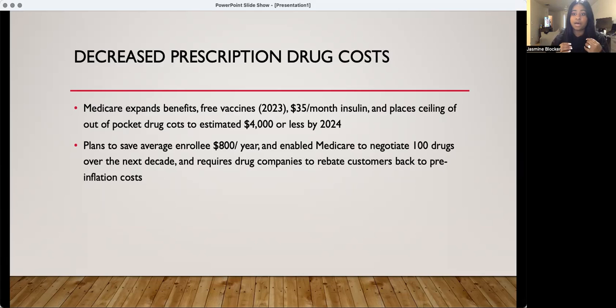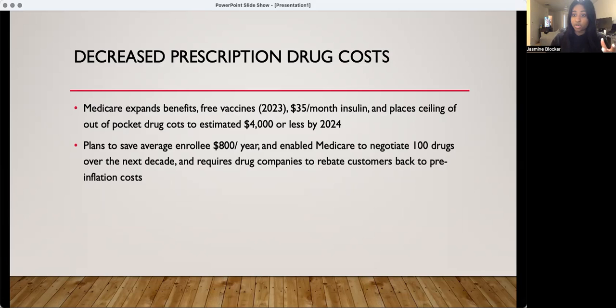And again, this is also under another Medicare expansion plan, but an average saved is estimated to be about $800 a year per enrollee. And this also enables them to negotiate about 100 drugs over the next decade.